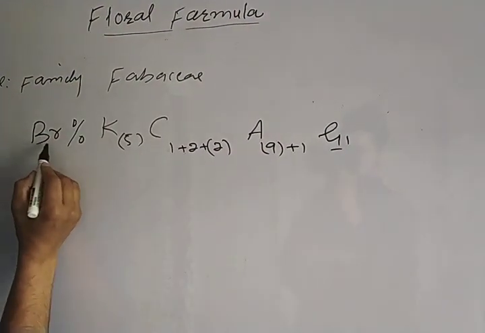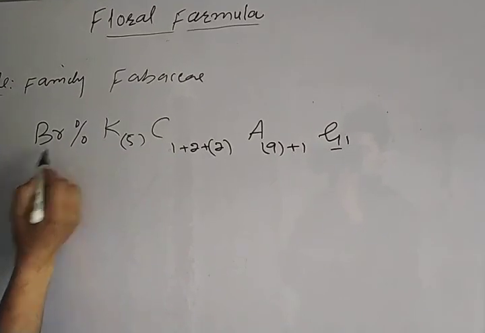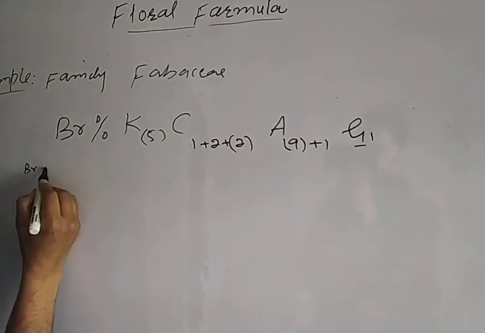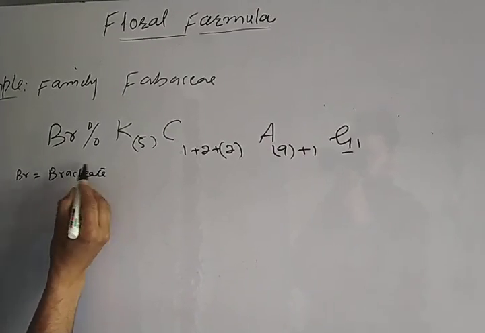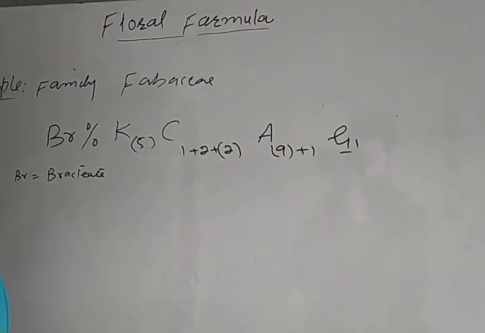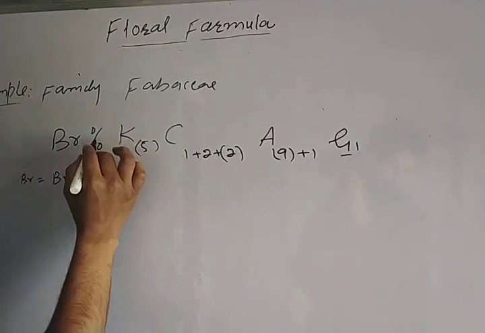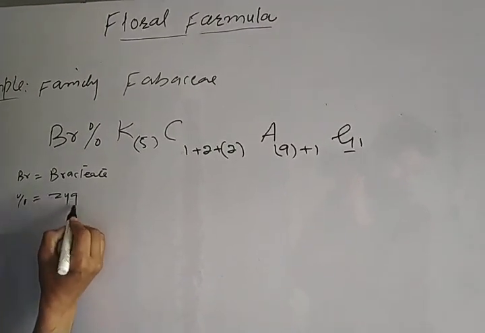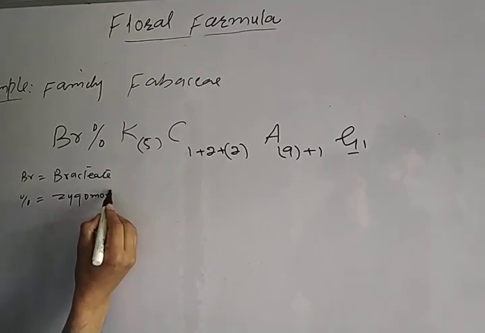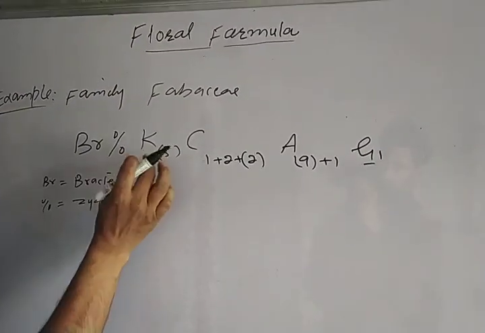Now, what is Br? Br is bracteate. That means the flower of the Fabaceae family is bracteate and it is zygomorphic.